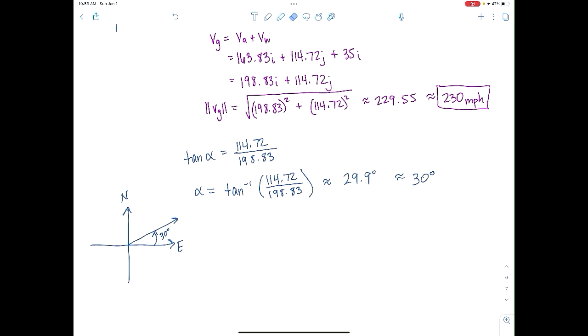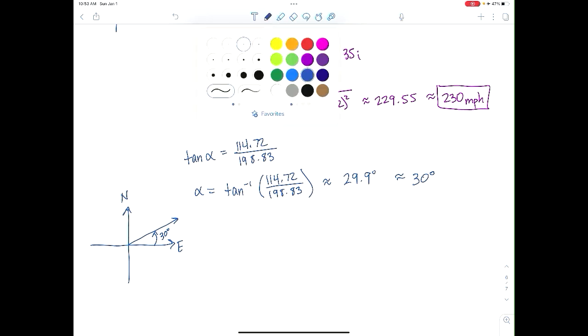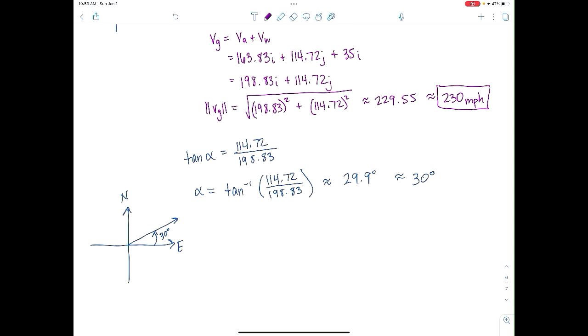Well, that's going to be north. What from north? Well, in order to complete this 90-degree angle, we're missing 60. So it's north 60 degrees east. So from north, we're heading 60 degrees east from north.